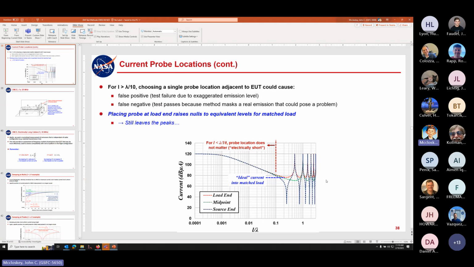Now, by and large, when you get up in the higher-order harmonics, they tend to decrease with frequency. So when you get up into many tens of megahertz, hundreds of megahertz, most of the time we don't see a whole lot up there. So even if you're getting an exaggerated reading due to cable resonances, a lot of times that's still compliant with the limit. And if you're getting a worst-case measurement and you're compliant with the limit, then you're done.